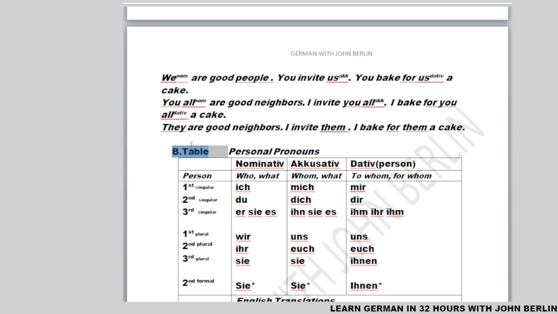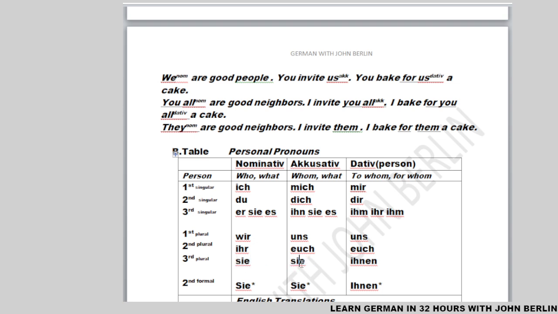So who are good neighbors? They are good neighbors. In German, sie. Yes, they is sie. It's Nominativ. And I invite them. So whom do I invite? Them. In German, sie. Please note, in German, they is sie and them is also sie.